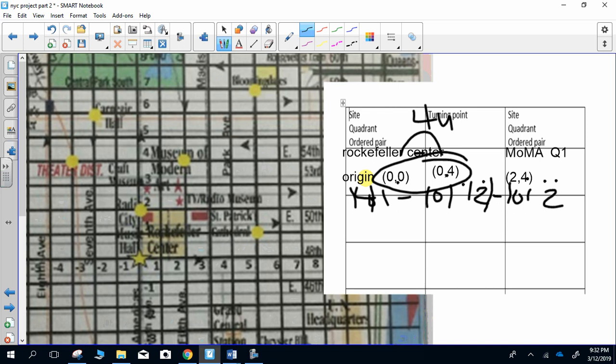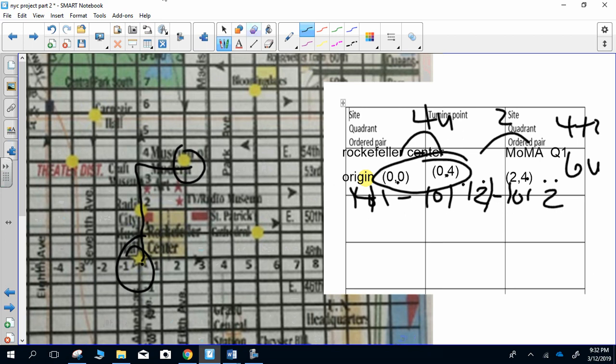So to get from Rockefeller Center to the Museum of Modern Art, I would go 4 blocks north, 2 blocks east, and so this distance is 2. So I'm going to say that my total distance is 6 units, because 4 plus 2 equals 6.